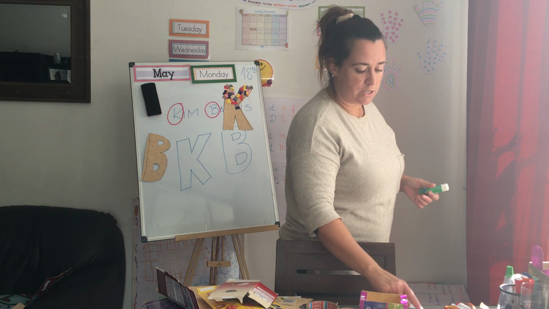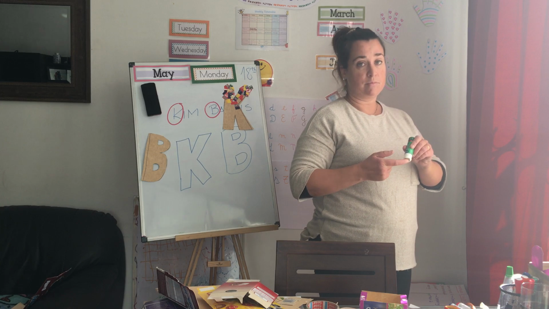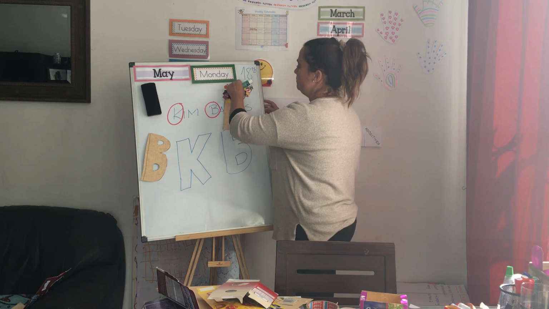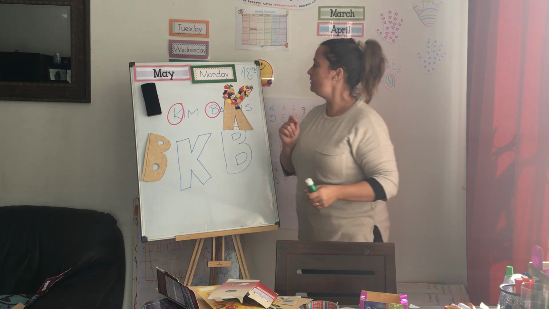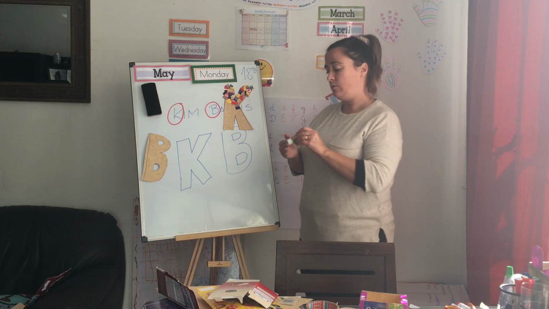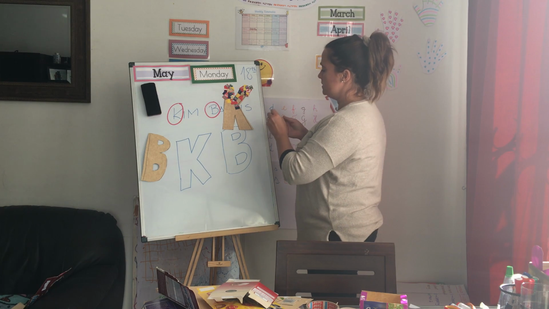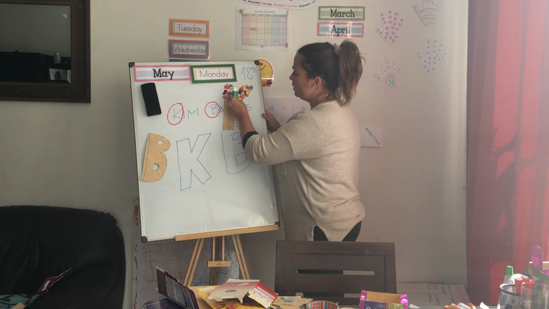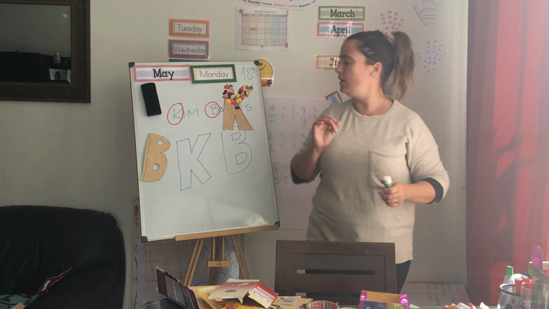Maybe if you've got other kinds of papers at home, I don't know. You can also use other kinds of papers. Yeah? And this is what we do. We go sticking and sticking and covering what we are doing.